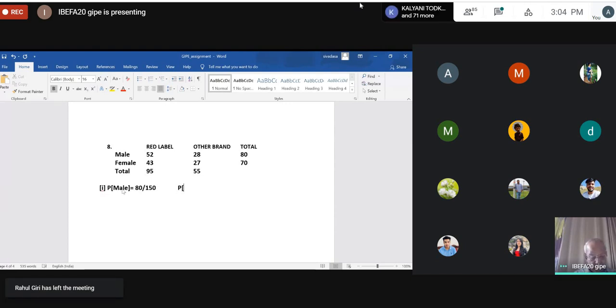Probability of preferring red label. Answering 95 by 150.